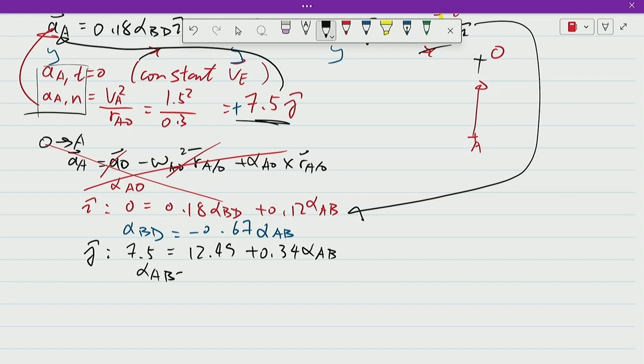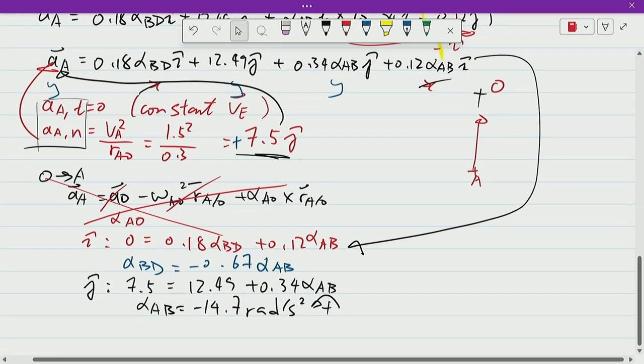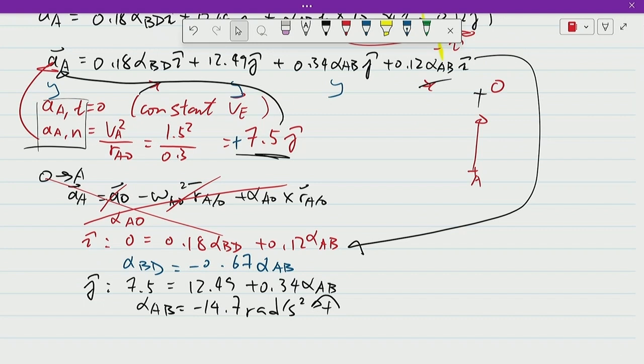It's going to give you an alpha AB of 14.7 radians per second squared. So it turns out you don't even need to solve alpha BD, but it might not always be obvious when you're writing this out.